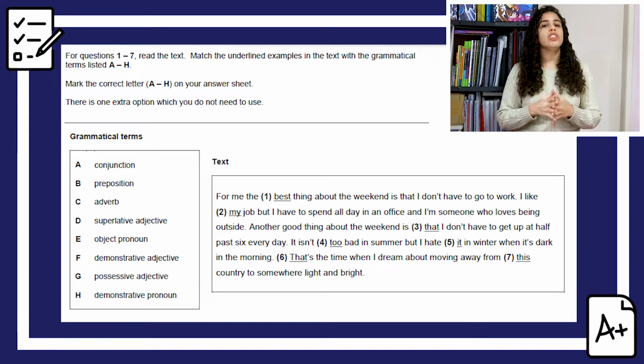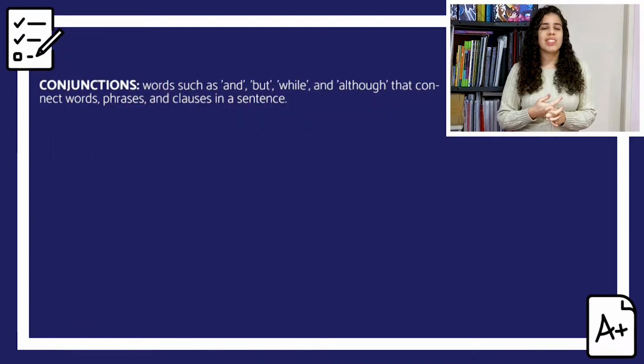As you can see, you need to show that you know the grammatical aspects of the language listed below: conjunctions, prepositions, adverbs, superlative adjectives, object pronouns, demonstrative adjectives, and possessive adjectives. I believe it is quite easy to know some of them, like conjunctions are words such as and, but, while, and although that connect word phrases and clauses in a sentence.